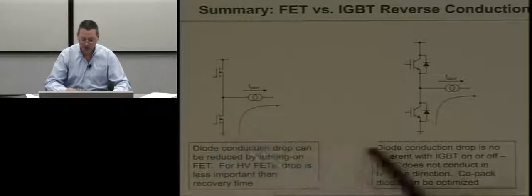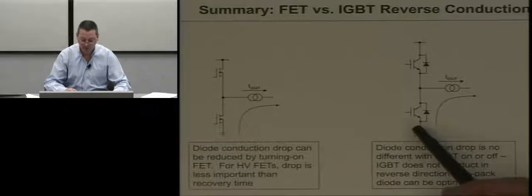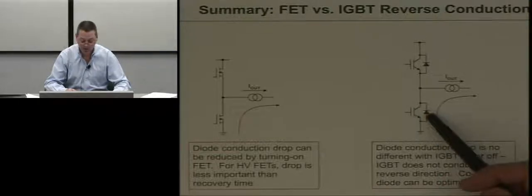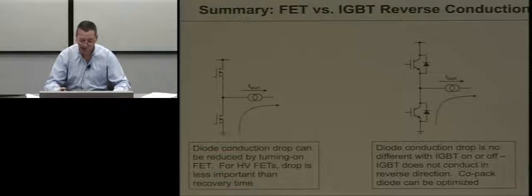But when you get up to an IGBT with 600, 1200 volt devices, first of all, the IGBT itself can't conduct in the reverse direction, so you have to rely on the diode. So you're going to have that roughly 1 volt drop.